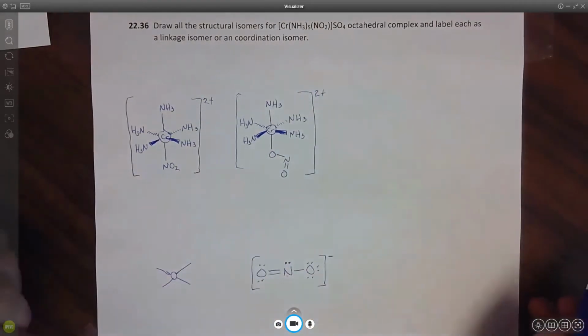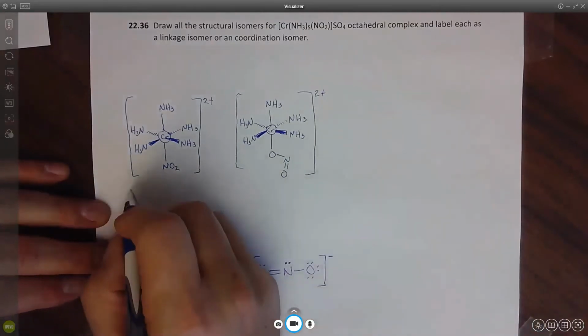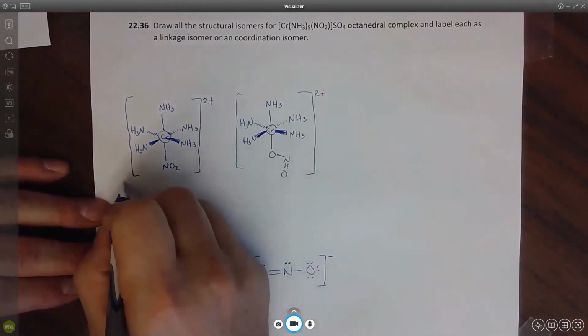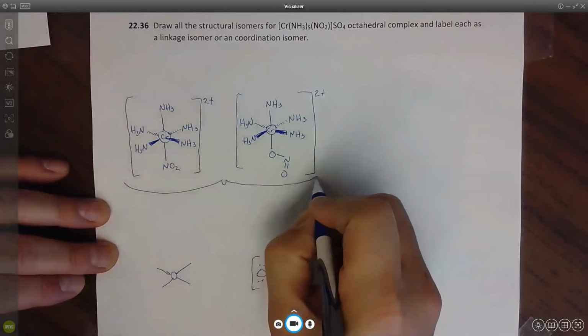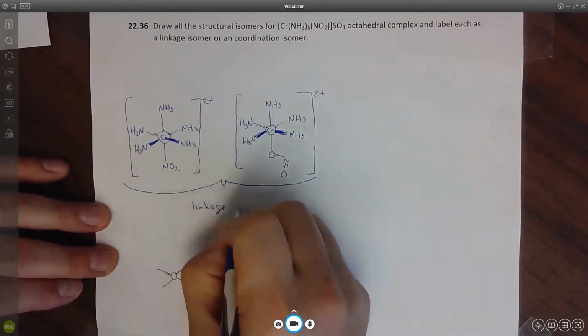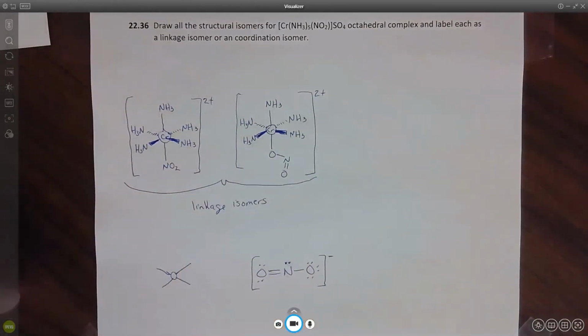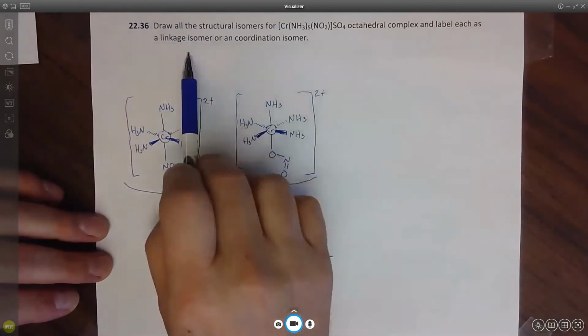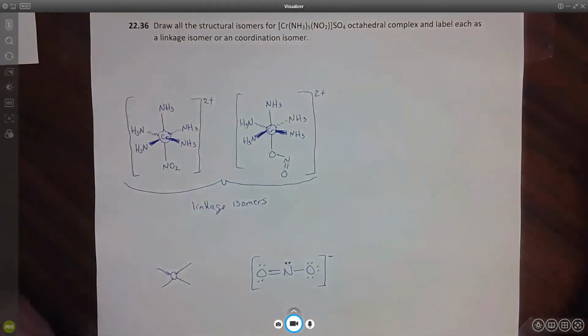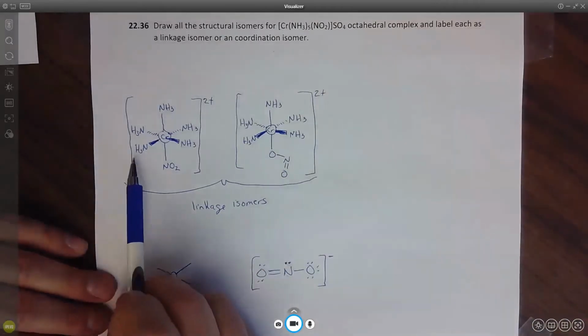And so these then would represent the linkage isomers, right? So these 2 are our linkage isomers. And remember that the linkage isomers are what we call structural isomers. So these are both structural isomers, the linkage isomer and the coordination isomer. Of course, the structural isomers is when we don't have the same connections between atoms.